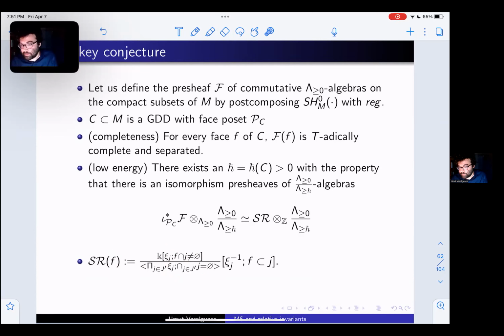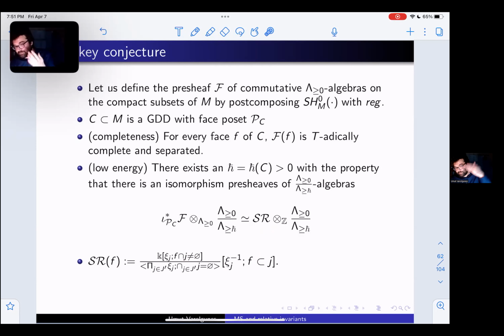Their product should be 0. And if a codimension 1 face that intersects F actually contains F, then I also adjoin its inverse. Okay, so that's this Stanley-Reisner.